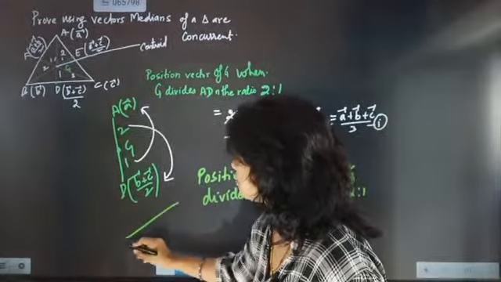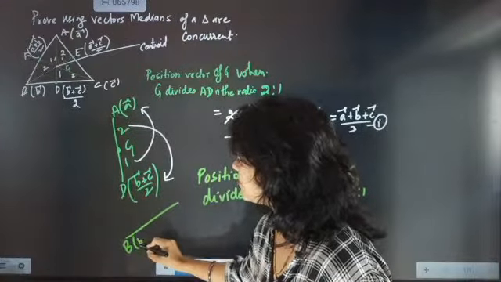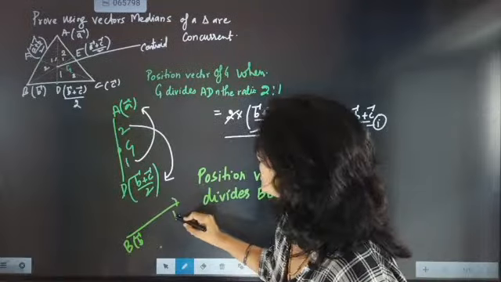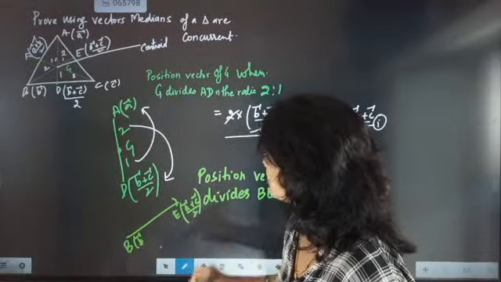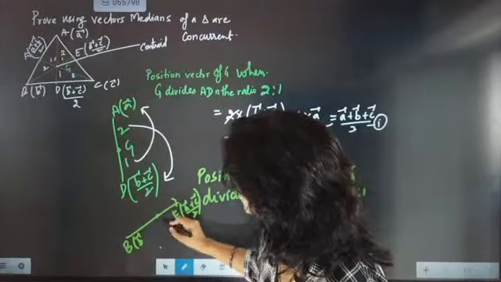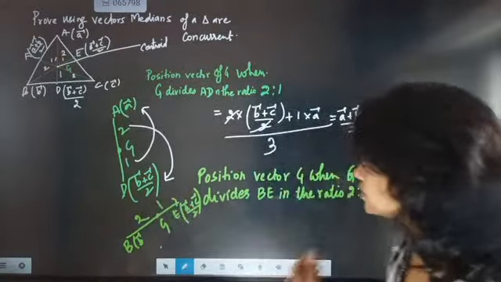So now you check for BE: B will become B vector, E will become exactly A vector plus C vector by 2, and G is here, the ratio is coming as 2 is to 1.